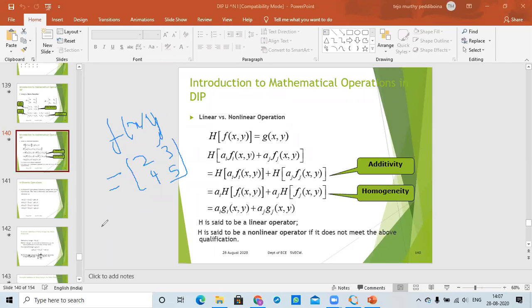That means g of xy is defined as 2 times f of xy. That is my equation, for example. Then you have to take an f1 matrix with some example, and an f2 matrix with some example, then apply the superposition theorem. Then you can verify whether you are getting linearity or not. That is similar to your DSP portion.